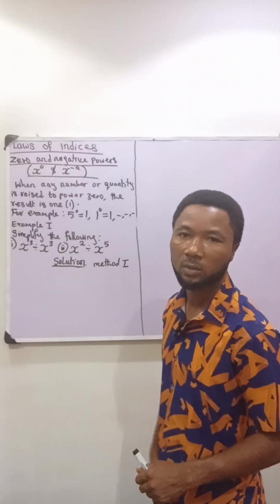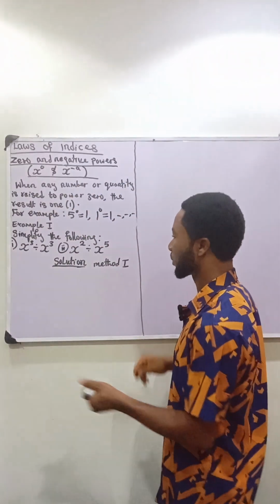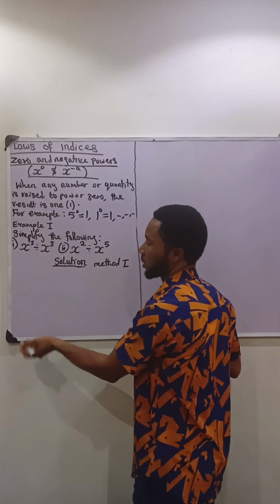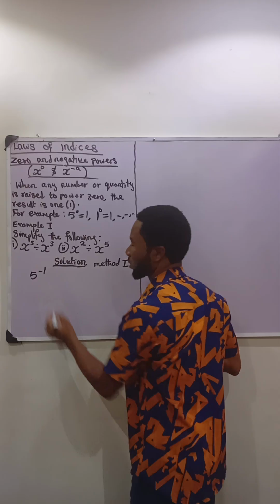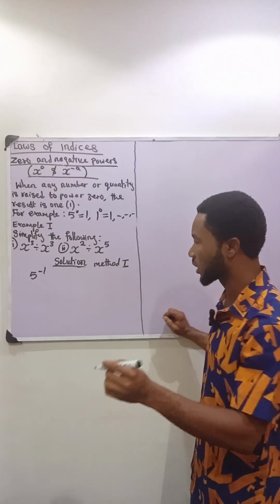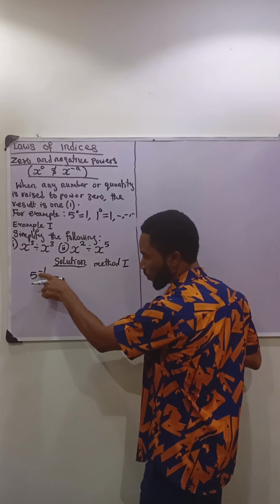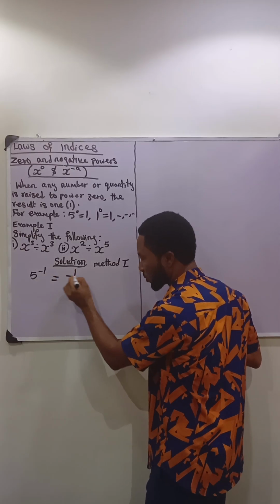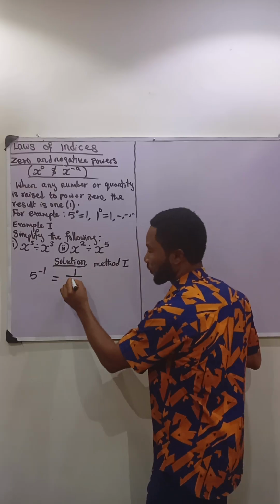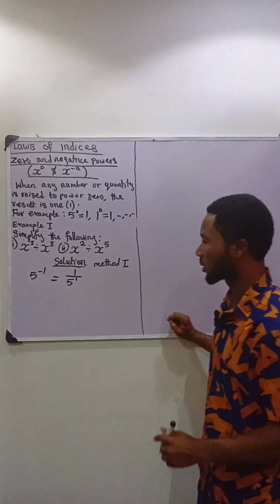Let's discuss the raised to the power of negative here. In mathematics, or in indices, when you have 5 raised to the power of minus 1, have it in mind, it is the same thing with 1 over 5 raised to the power of 1. Let me explain it again.